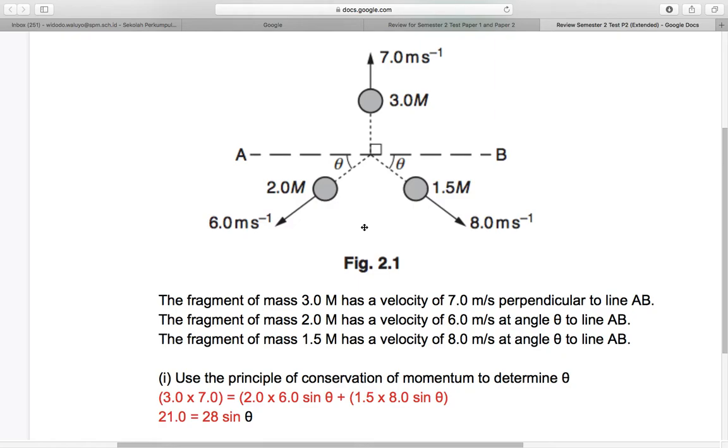Also the fragment of 1.5 m times 8, and times again with sine theta. So after we calculate, this is 21.0 equals 2 times 6 equals 12, and here is 1.5 times 8 equals 12, so 12 plus 12 is 24.